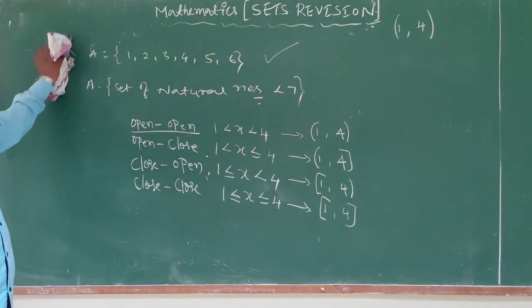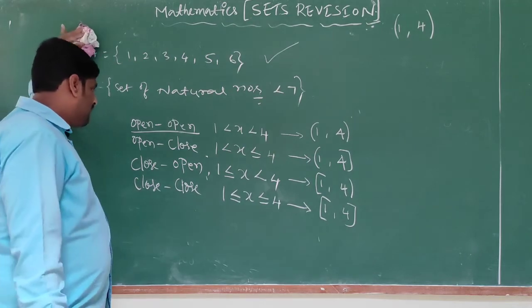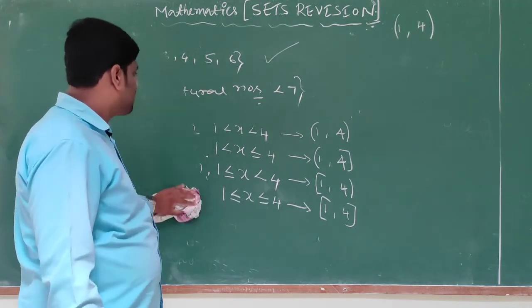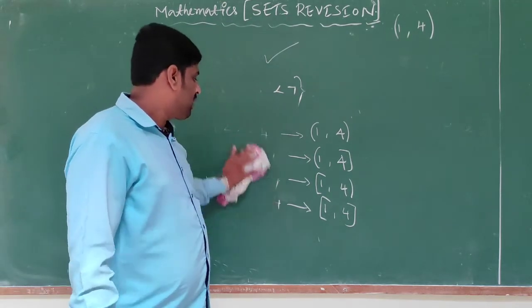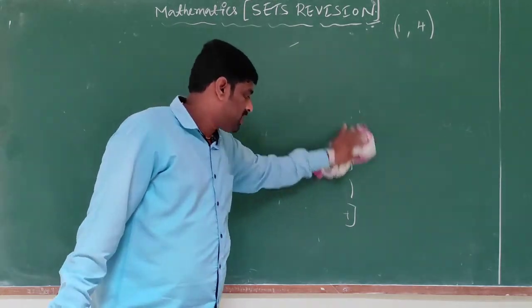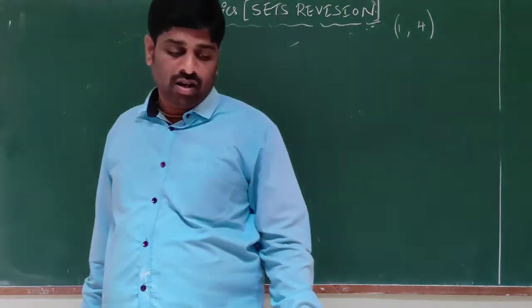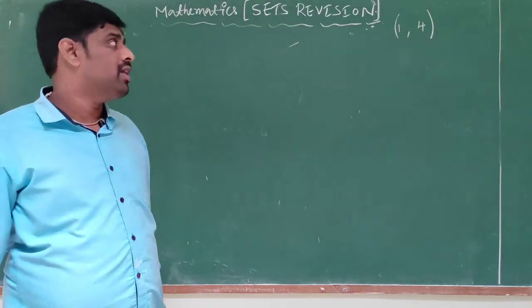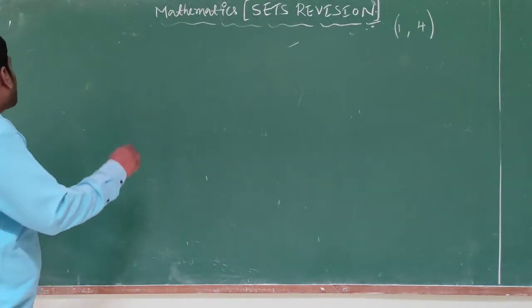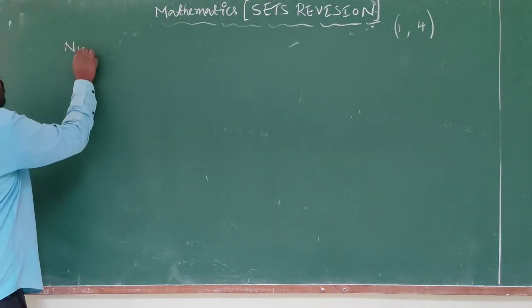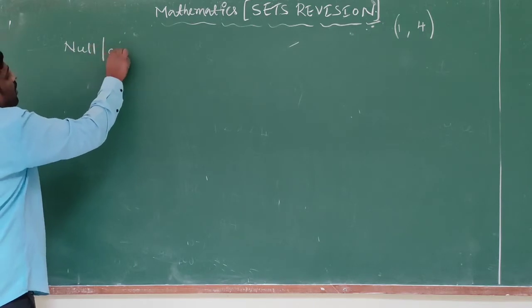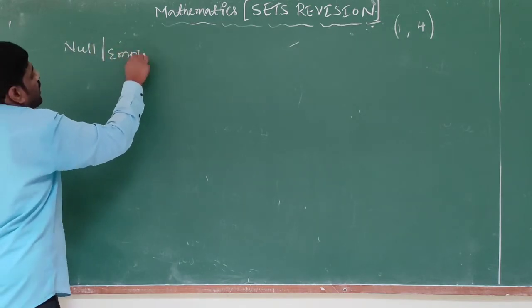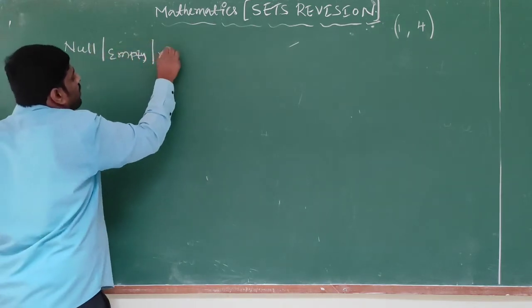Okay, so based on this, I already discussed the problems in the first exercise and the third exercise. So these are the first exercise concepts. Next, second exercise concept. In the second exercise, firstly we will discuss null set or empty set or void set.